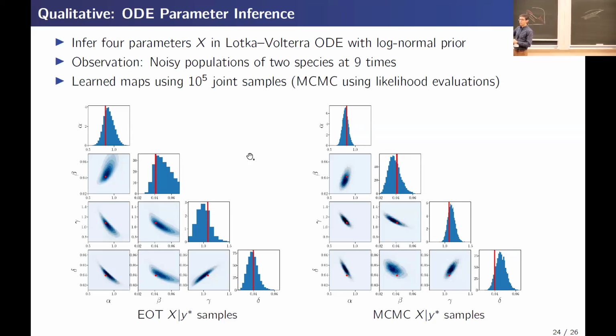Alternatively, what we did is we just took the data, which corresponded to 4 parameters, 18 observations in this case, an order of magnitude fewer samples than what's required for MCMC in terms of likelihood evaluations, used just the parameters that our theory predicts without any additional tuning, and just ran this estimator.